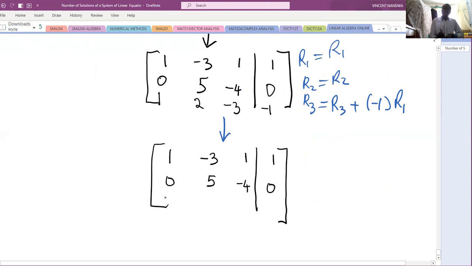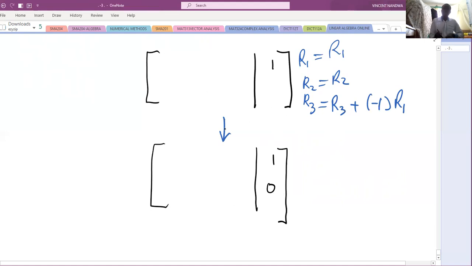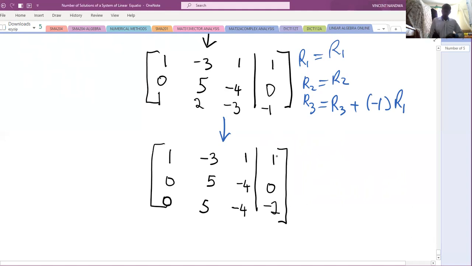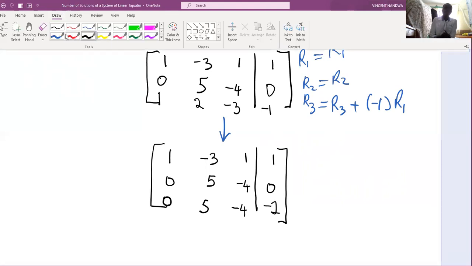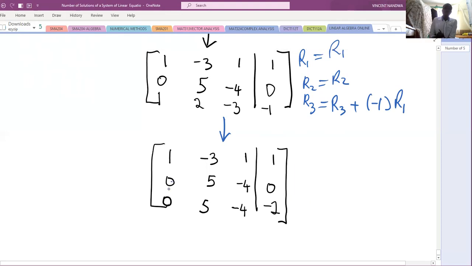And then this will be 0. So 2 minus -3 would be 5. -3 plus 1 is -4. And then -1 plus -1 is -2. So we'll have -2. So that's what we have. And therefore this is 0, this is 0.